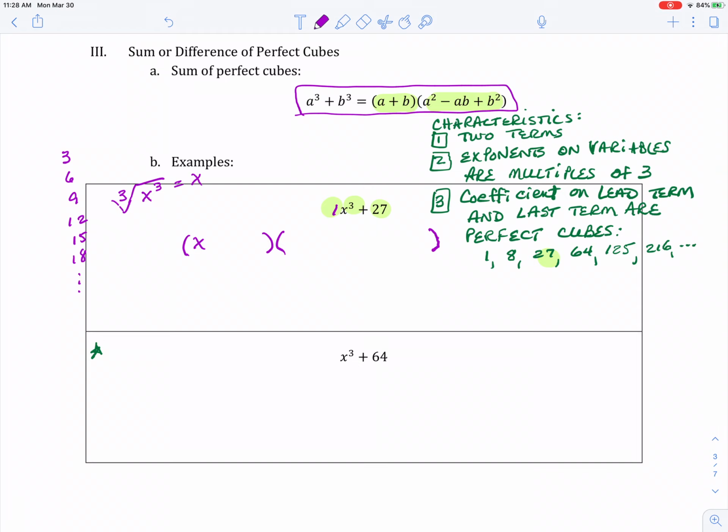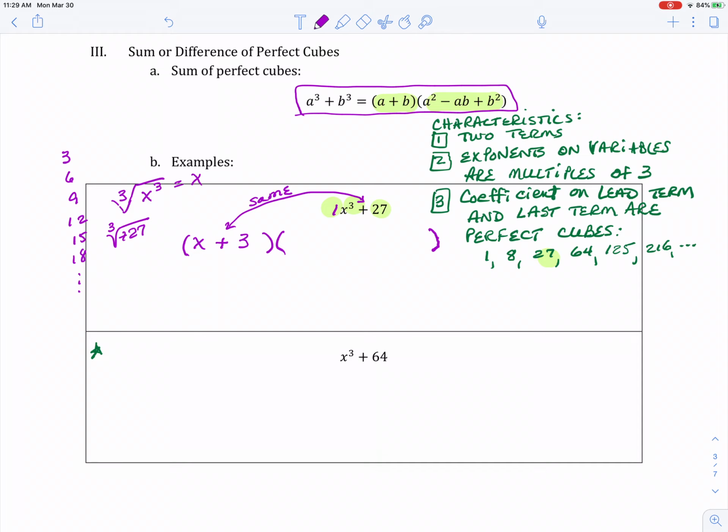And you put that in the first position in the first parentheses. Then your eye goes over to the cube root of this positive 27, and that's 3. This sign remains the same so that it matches what you start with. So since I'm starting with a plus in the middle on the original problem, I'm going to have a plus in the first parentheses, the binomial parentheses, in my answer.